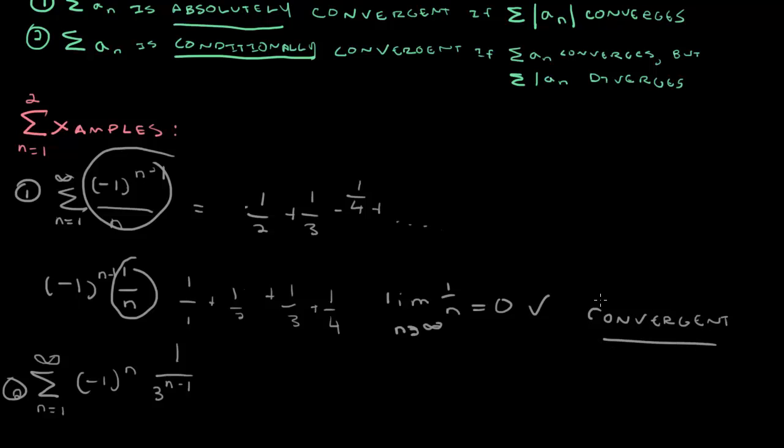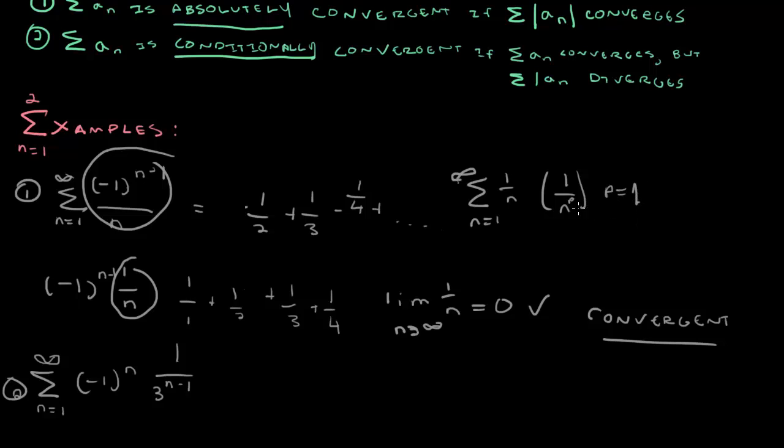However, if we check for conditional or absolute convergence, we know the series from n equals 1 to infinity of 1 over n is in fact a p-series, 1 over n to the p, where in this case p equals 1.